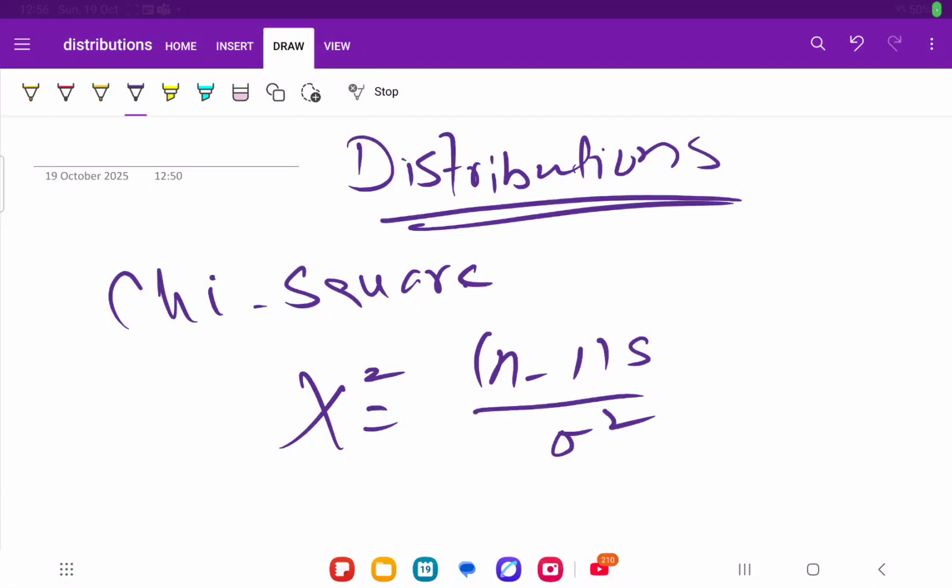Covering the distribution, the first distribution is the chi-square distribution, and the formula is very simple: n minus 1 times s square over sigma square.